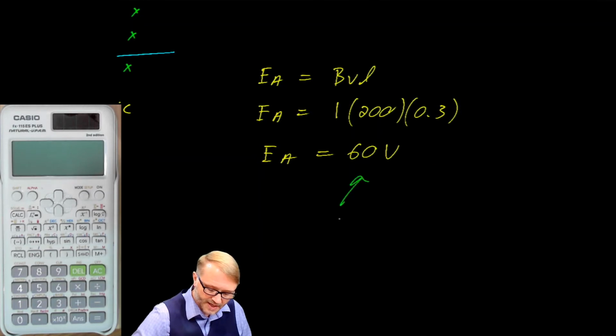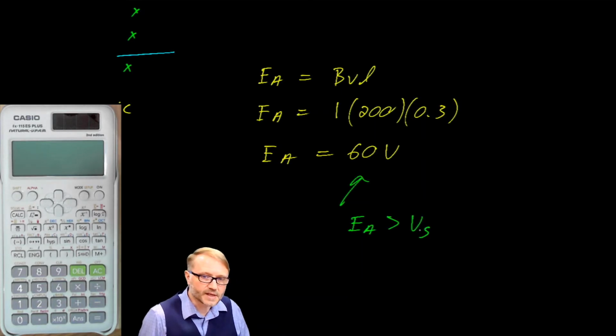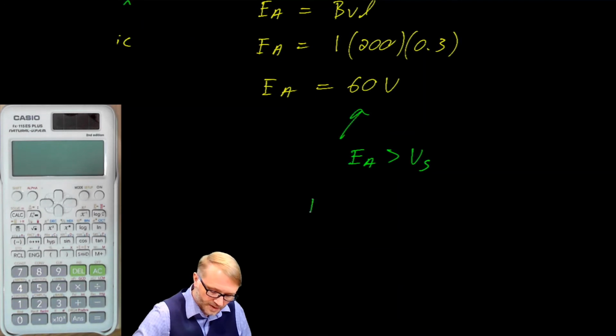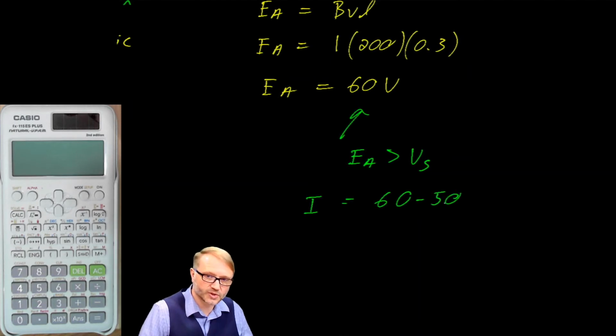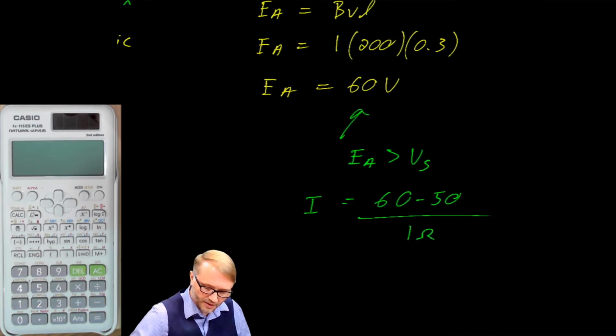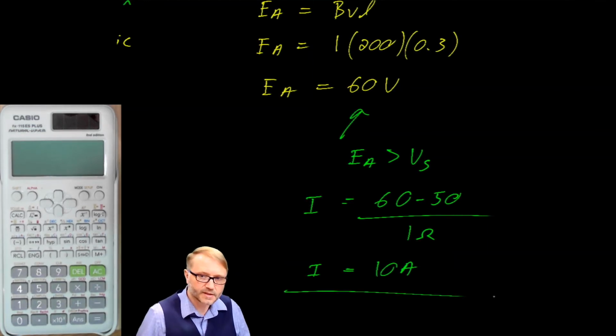You'll notice that the induced voltage is greater than the battery, which means in pushing this bar, we have made the system operate as a generator. Our current is 60 volts minus 50 volts, so that's the difference between the induced voltage and the battery, divided by 1 ohm, which means our current is 10 amps.